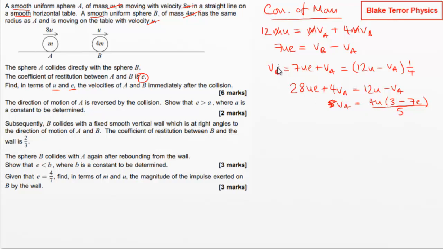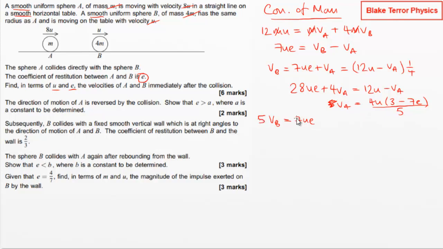And now VB, well, we just need to plug this in. It might be easier going back to the start on VB. Yeah, let's go back to the start on this one, because I think we'll maybe end up with a mess. No, let's stick with it. Let's sub back in. So VB is 7UE plus this VA that we've got here. So let's multiply everything by 5.